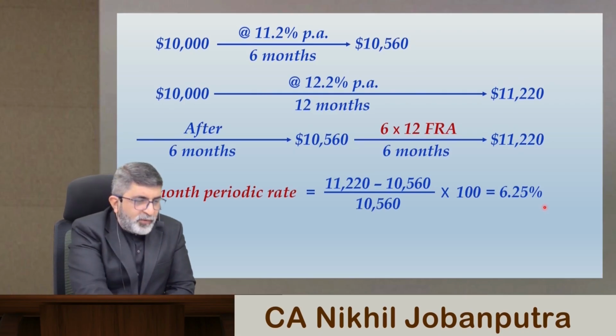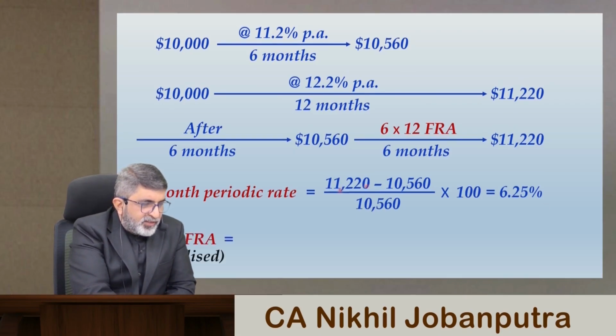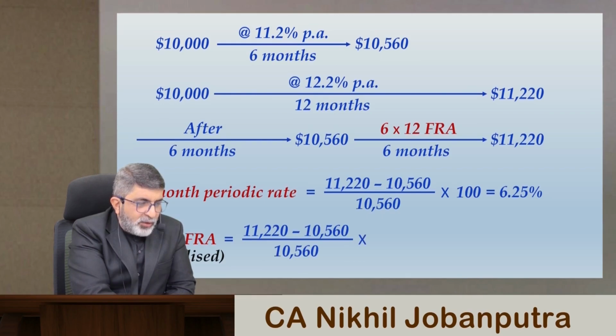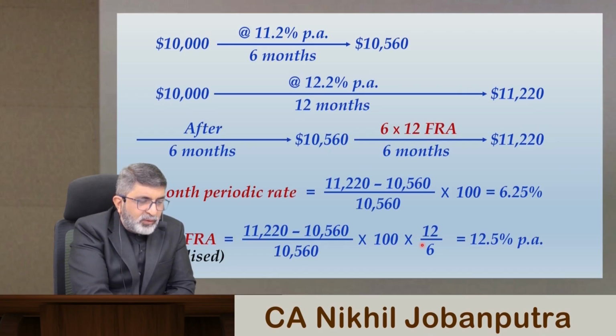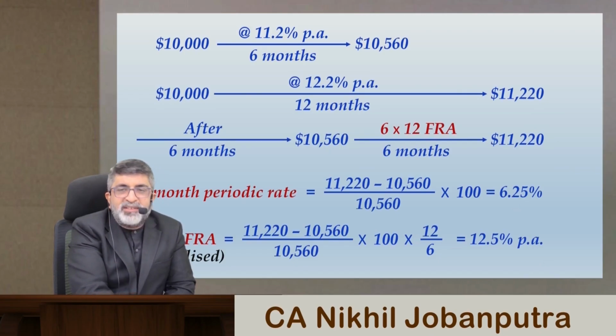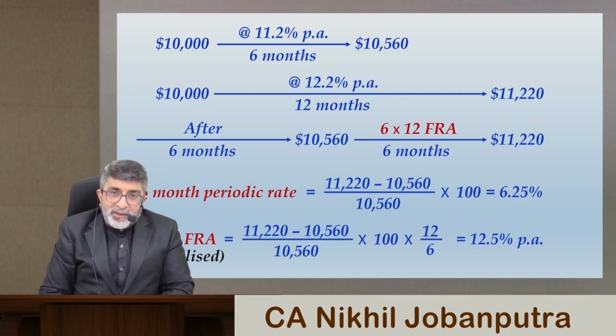If this is 6.25%, for the 6 by 12 FRA, when you have to annualize, you do the same thing but multiply the time factor of 12 by 6, because this is applicable for 6 months. What will be for 12 months? It will be twice of 6.25%, that is 12.5%.